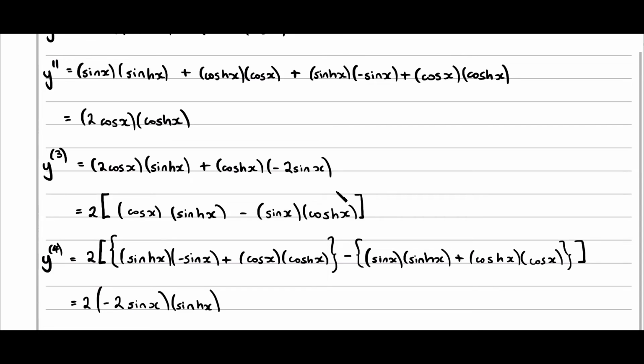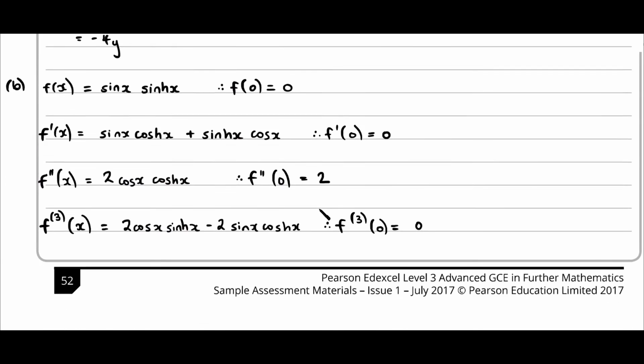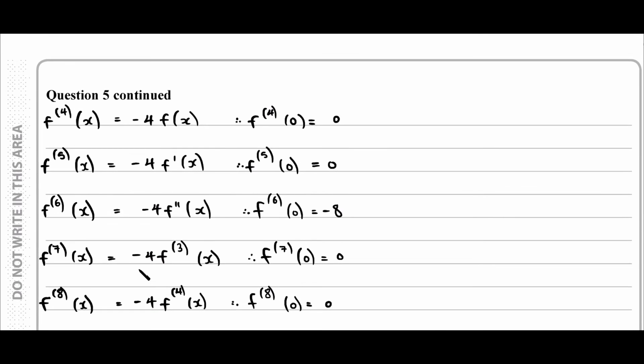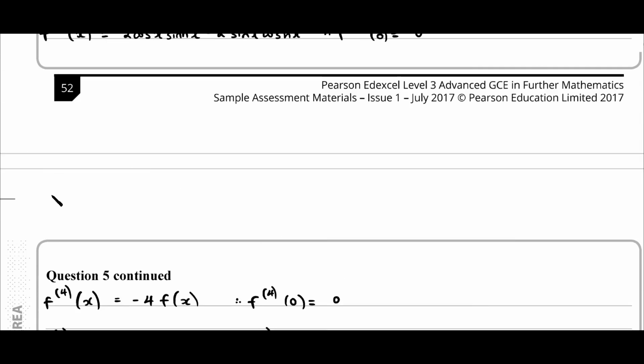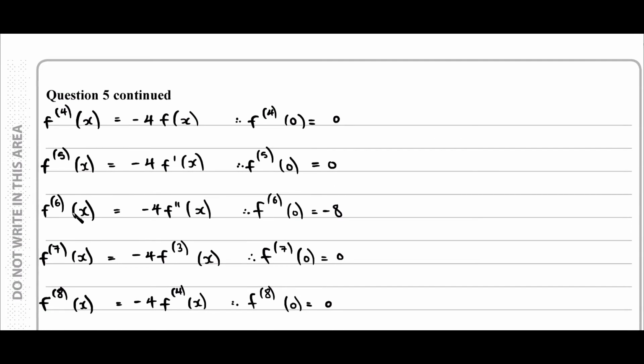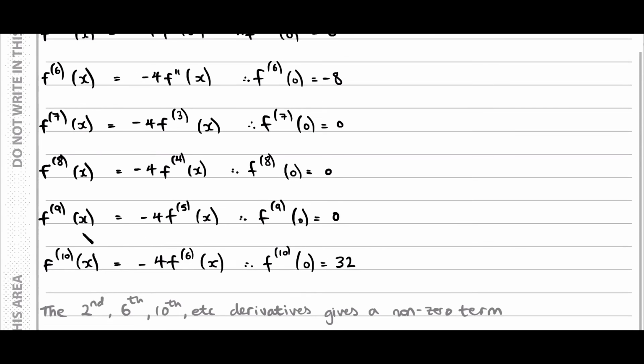So we sort of saw that in part B, and therefore you'd notice over here we're always multiplying by -4. So for example, if we consider this second derivative, to find the sixth derivative, we multiply the second derivative by -4. To find the 10th derivative, we multiply the sixth derivative by -4.